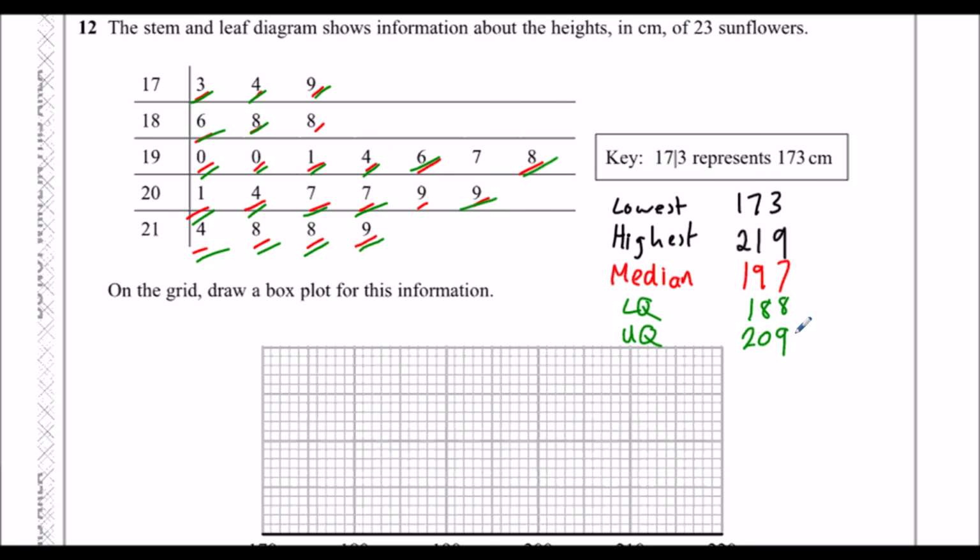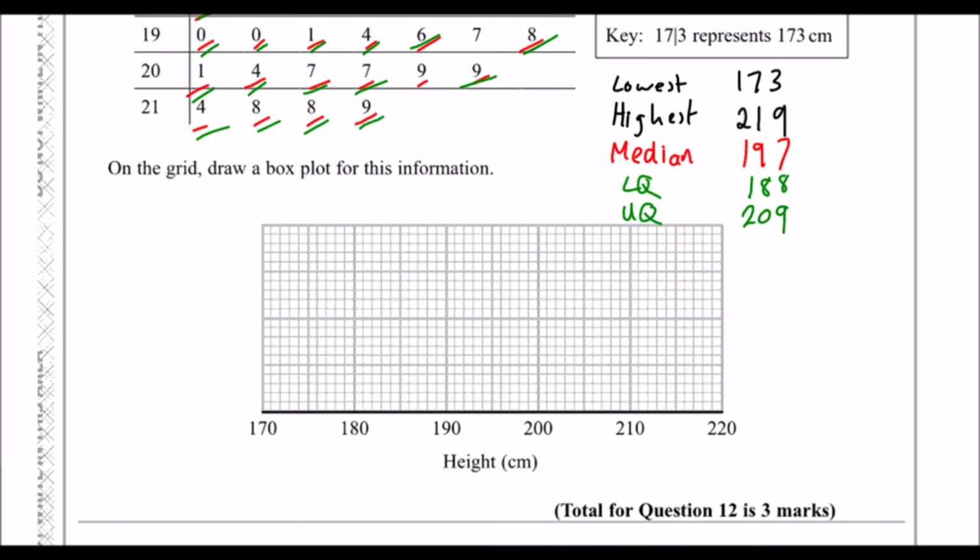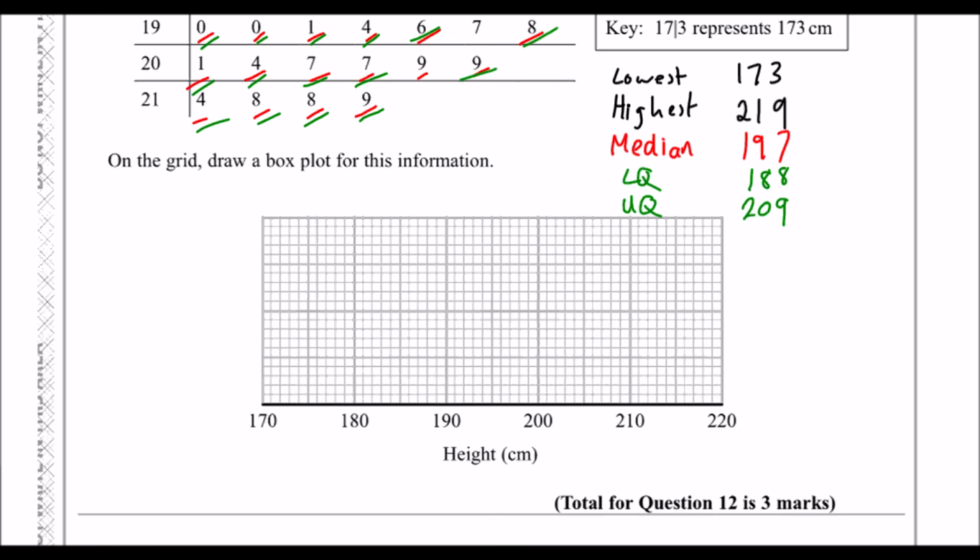So now they're all the lines to draw on the box plot, and I just need to draw them on now. So the lowest at 173. Lower quartile at 188. Median at 197.